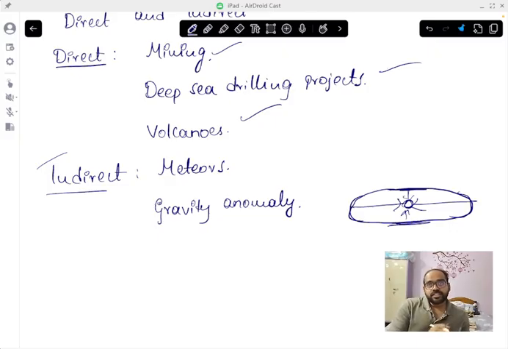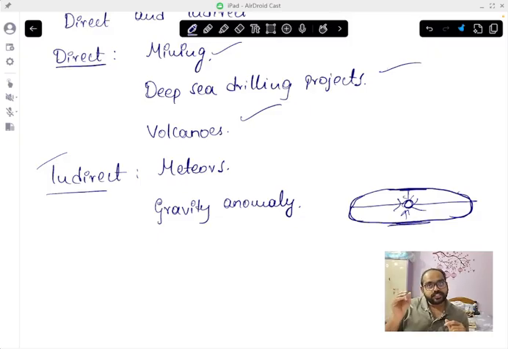So we experience different gravitational attractions at different parts of the earth. At polar regions, we experience maximum gravitational attraction, and at the equatorial region, or lower latitudes, we experience low gravitational attraction. This difference is nothing but gravitational anomaly.